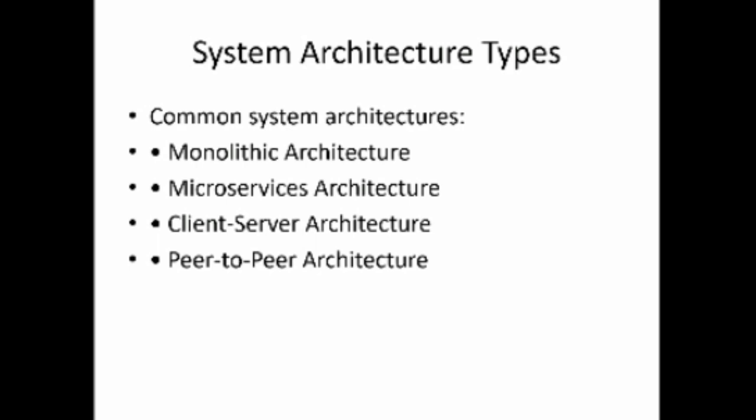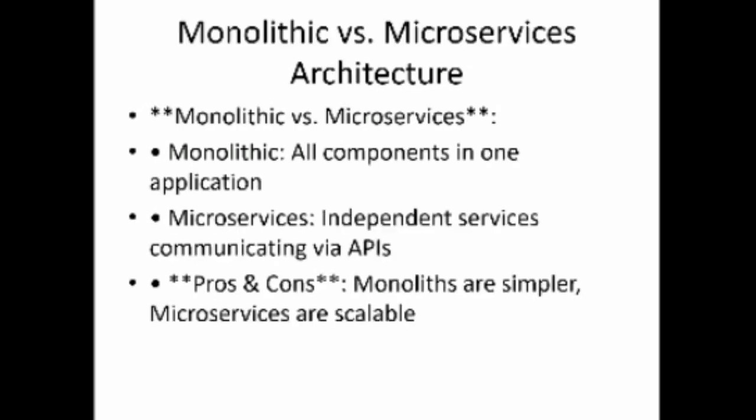System architecture types. The system architecture types are monolithic architecture, microservices architecture, client server architecture, peer-to-peer architecture. So first, monolithic versus microservices architecture. Monolithic means all components in one application. Microservices means independent services communicating via APIs.